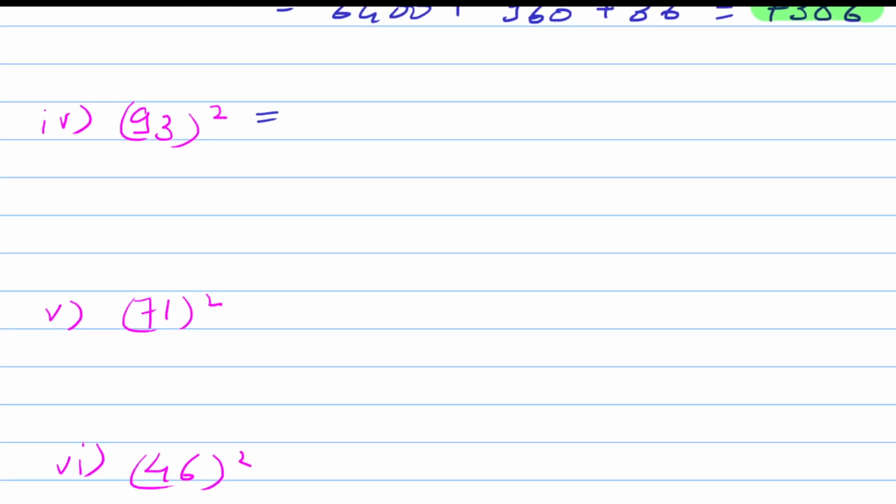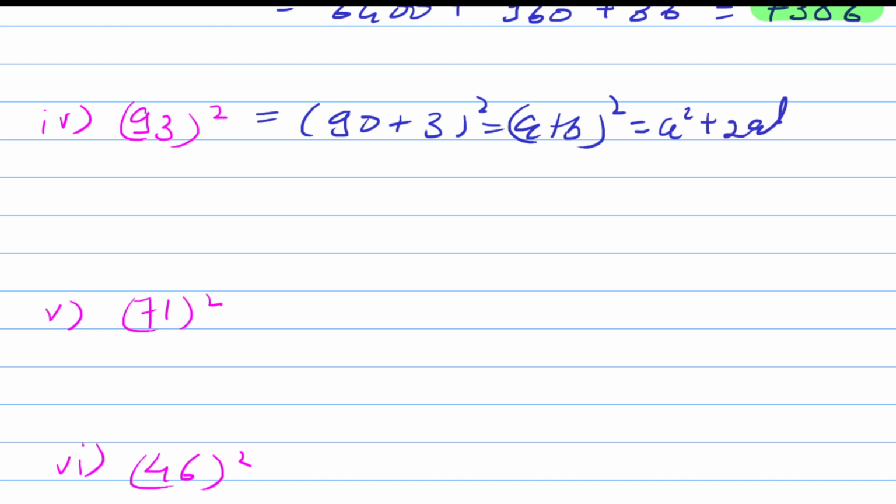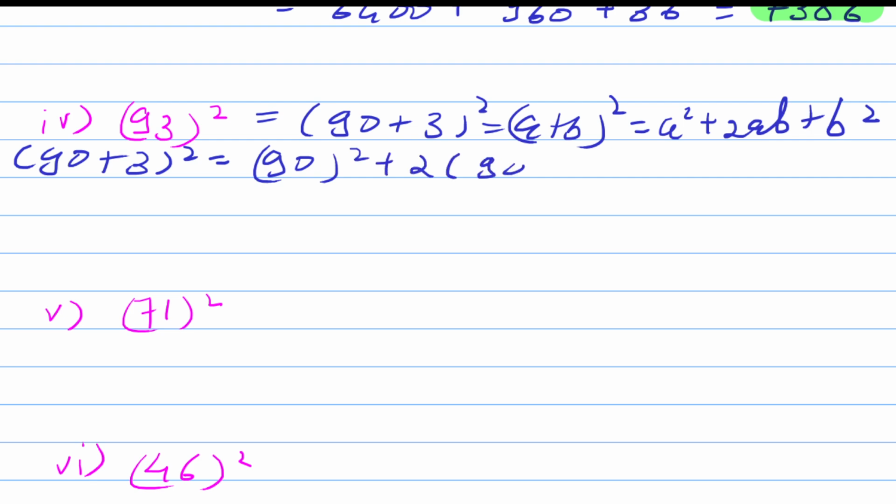93 square, 90 plus 3 whole square. We use the formula a plus b whole square, which gives us a square plus 2ab plus b square. Let us substitute the numbers in this formula. So that's 90 square plus 2 into 90 into 3 plus 3 square.